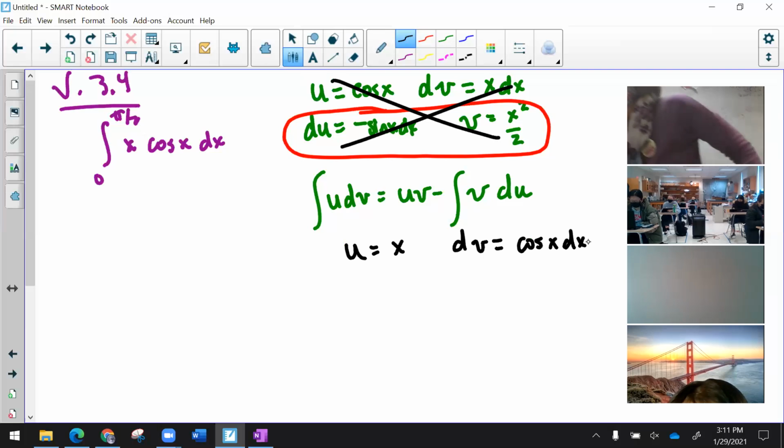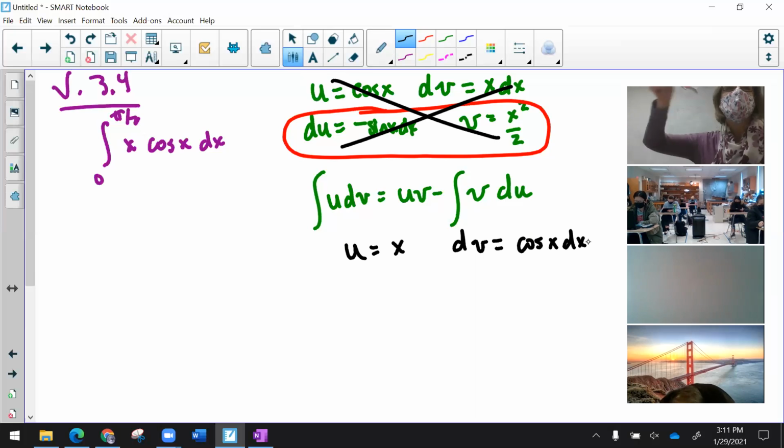You might have to do more than one round of integration by parts, but eventually you're just going to end up with a constant, whatever it is. Trig functions never go away. They just keep cycling back and forth. Sine and cosine just keep alternating with some appropriate plus or minus sign in front.